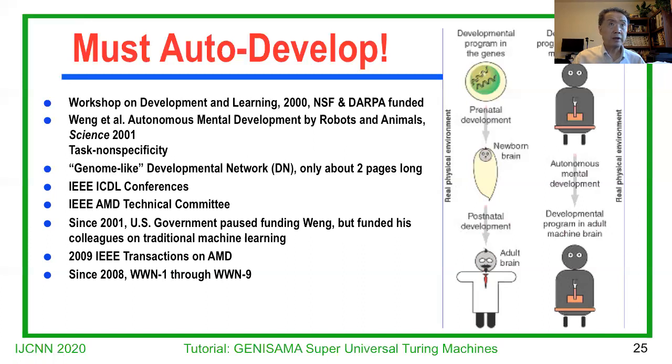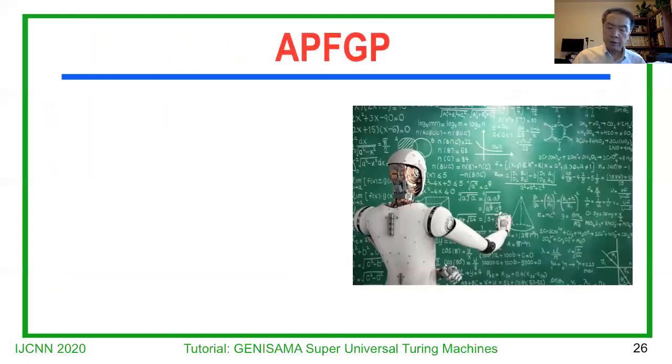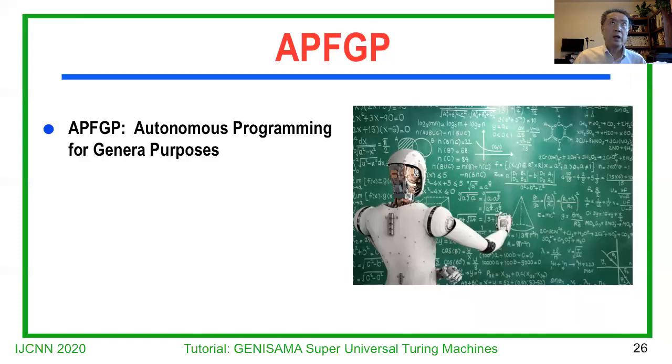So our systems here, WWN1 to WWN9, I'll mention that later. And now we have APFGP, from like 3 years ago. So what is APFGP? Autonomous programming for general purposes. So you have a machine that can do programming inside the brain, totally autonomous, and for general purposes. The purposes the programmer does not know about.